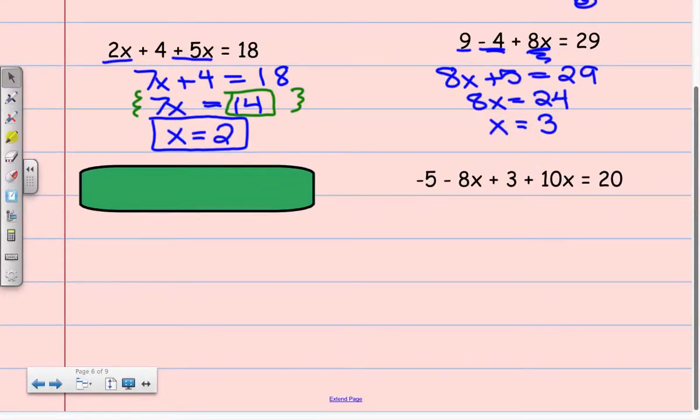The first thing I see is I don't have to distribute, so I'm going to start combining like terms. I get negative 5 plus 3, which is negative 2. Now I have negative 8x plus 10x. Negative 8 plus 10 is a positive 2, so I get plus 2x is equal to 20.